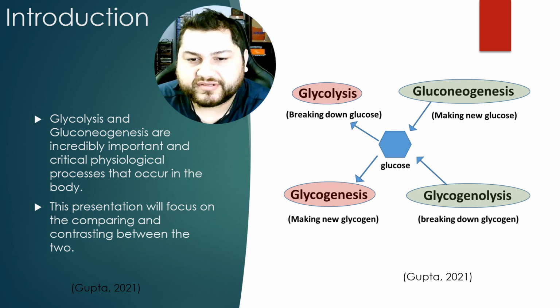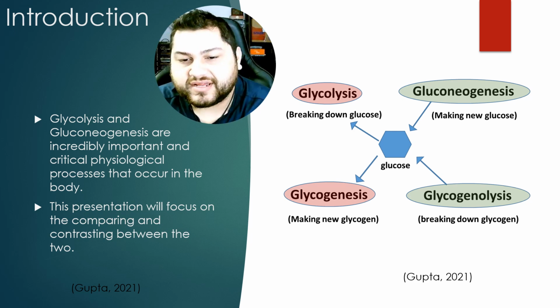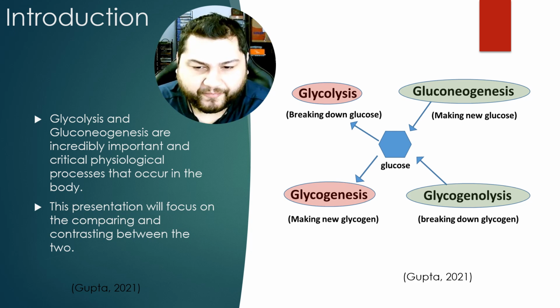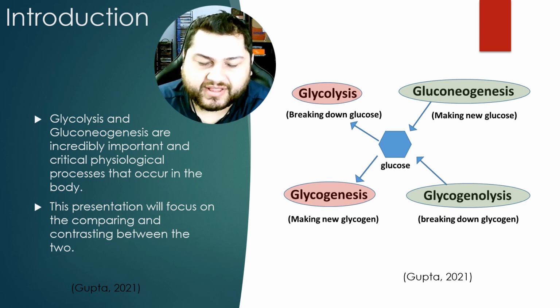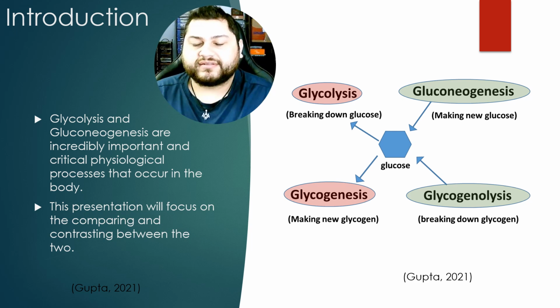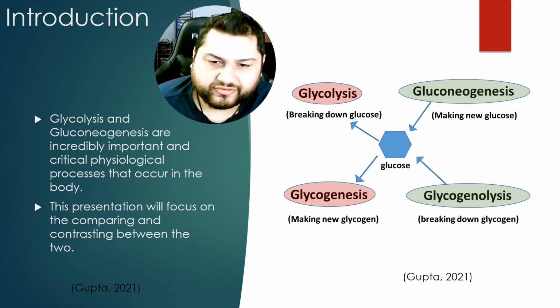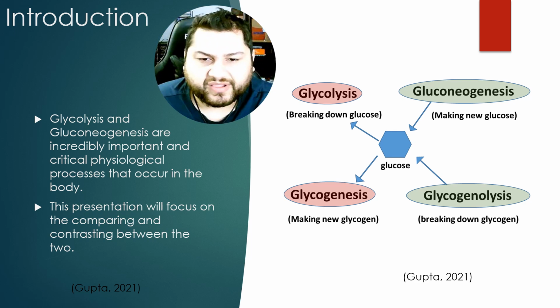So basically, glycolysis breaks down glucose and extracts energy from that process, essentially releasing energy from glucose in the body.